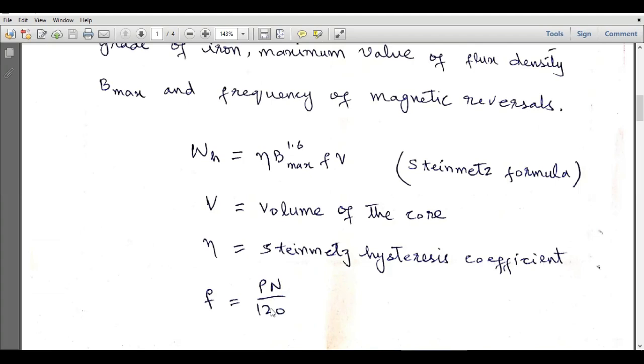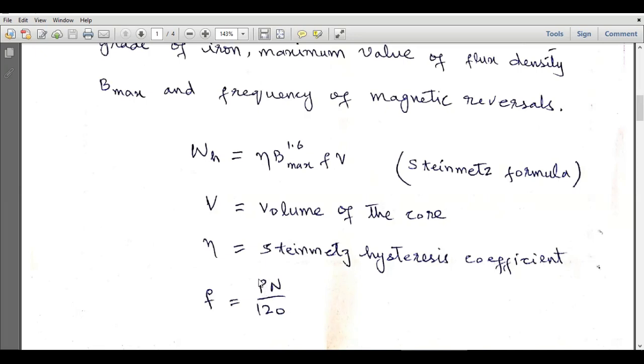If you remember, while discussing the AC machines lectures, we studied that the synchronous speed of the induction motor or the synchronous motor is equal to 120 F over P, right? So in that case, N was the synchronous speed, or this was the speed of the revolving magnetic field in RPM. So frequency will be equal to Pn divided by 120 by rearranging this equation.